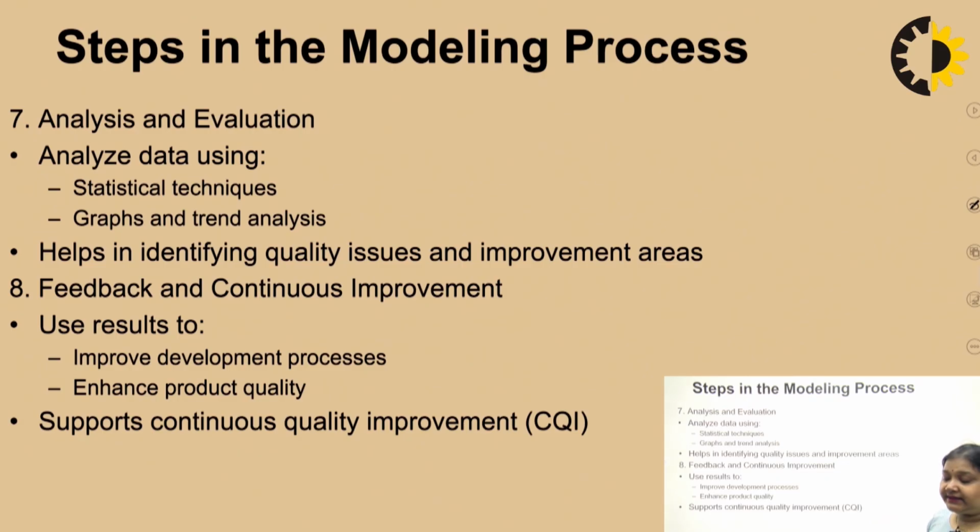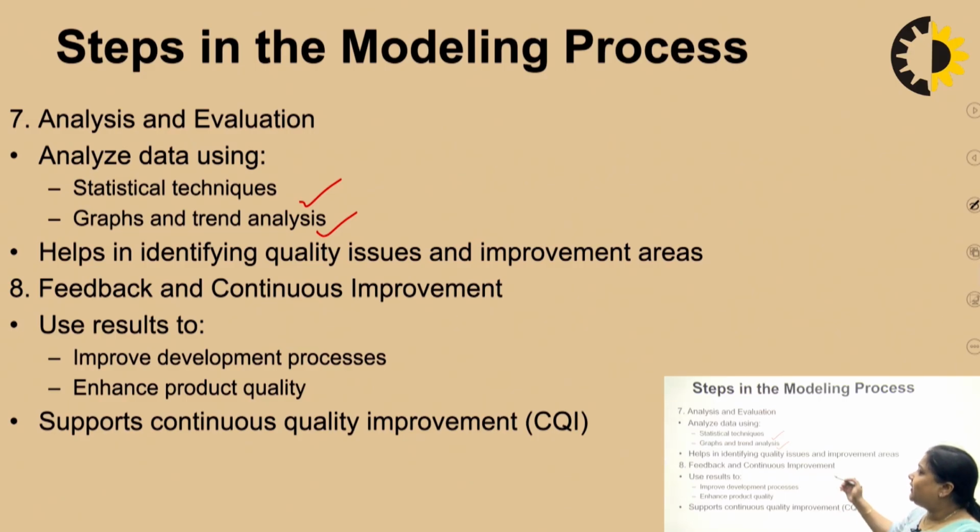Next step is the analysis and evaluation. So analyze the data using statistical techniques, graphs, and trend analysis. We have multiple methods through which we can analyze and evaluate our data, and we have techniques like statistical techniques, graphs and trend analysis, and multiple other methods are also available.